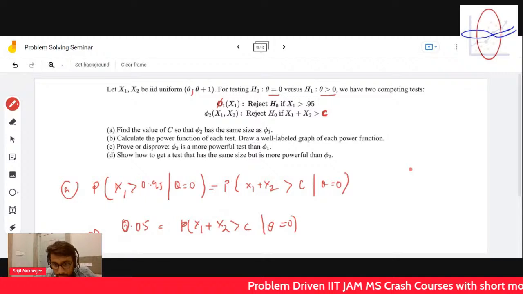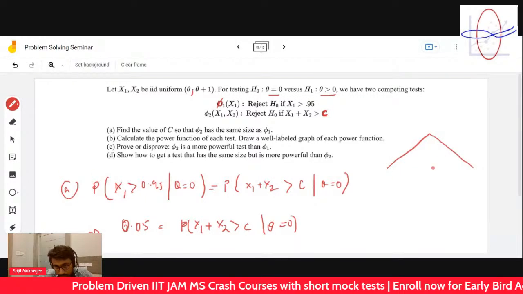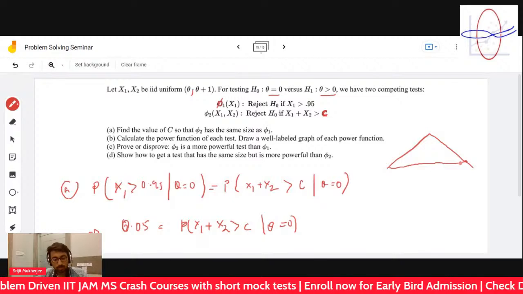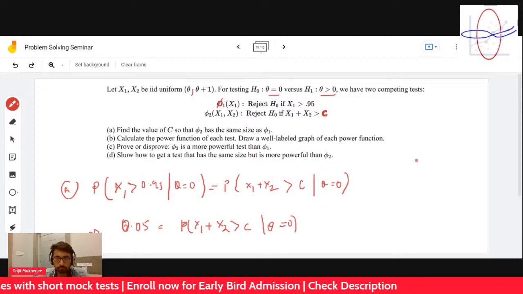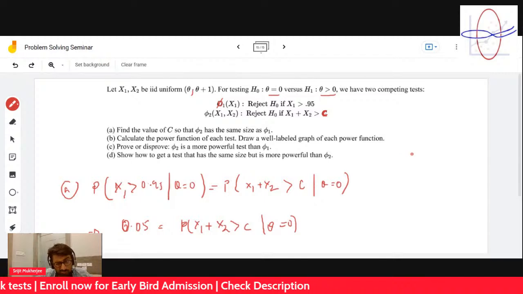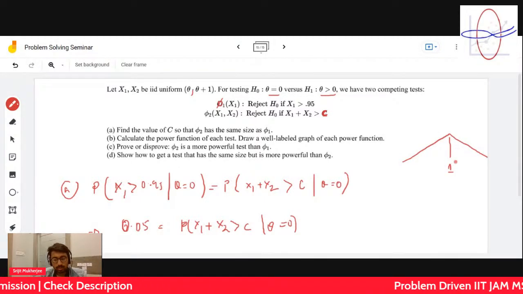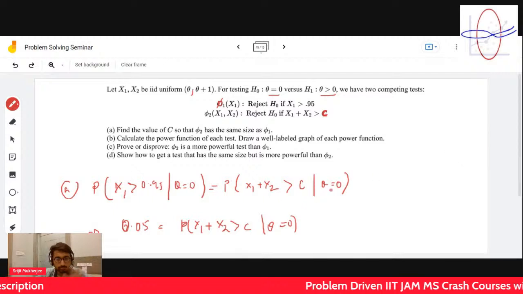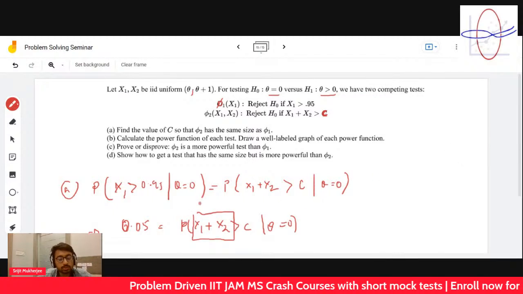It's called the triangular distribution. So the triangular distribution looks like this. The sum is from 0 to 2, though the maximum happens at 1. So you can find out the distribution now by the joint distribution.